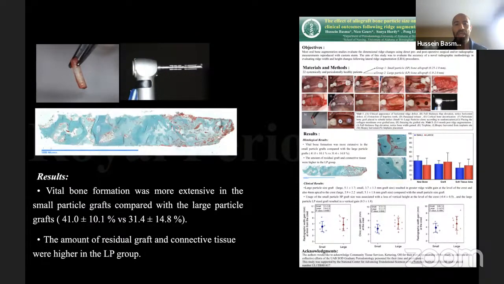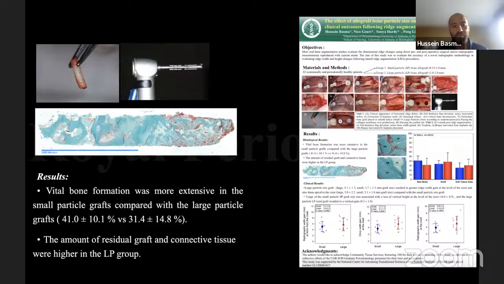And we found that the vital bone formation was more extensive in the small particles compared to the large particle size. And this is helpful for the quality of bone that we're augmenting. However, the amount of residual graft and connective tissue were higher in the large particle group, which is a very predictable outcome because the large particles take longer to resorb.